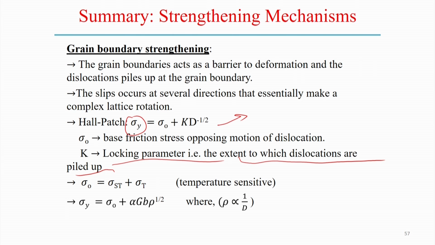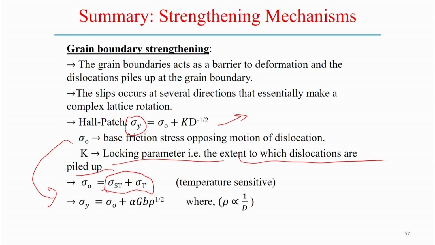Then if sigma 0 is temperature sensitive, sigma 0 can consist of two components: one is the temperature sensitive component and the other the static component. We can further decompose these into two components, and probably by following some kind of mechanism we can find these two components.